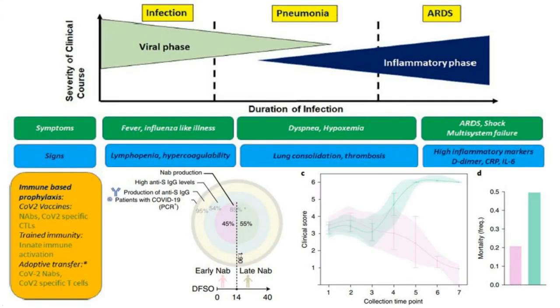So it was the 14th day which appeared critical. If by the 14th day you have neutralizing antibodies, chances of survival are high, and if by the 14th day antibodies are not developed, then it might end fatally.